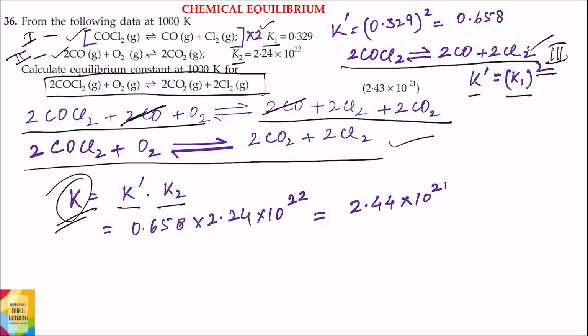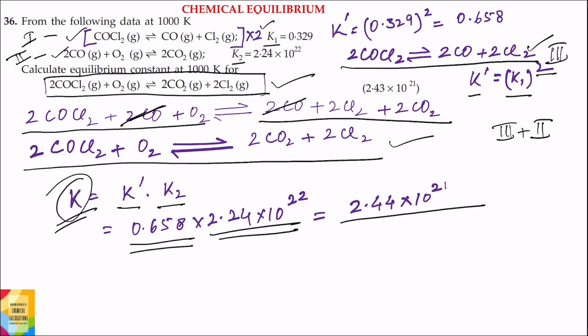So K is equal to K dash into K2. This is the value of K dash, this is the value of K2. On multiplying both, we get the equilibrium constant for this reaction, which is obtained by adding equation 3 and equation 2. So the value of K is 2.44 into 10 to the power 21.